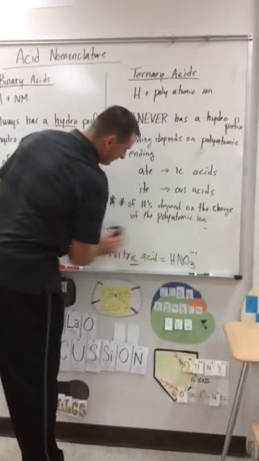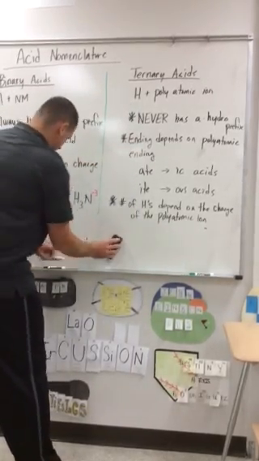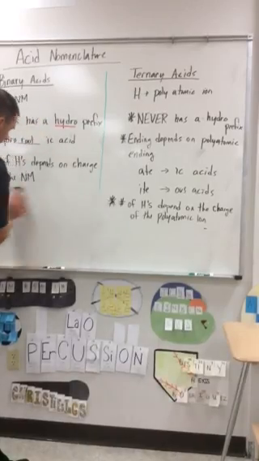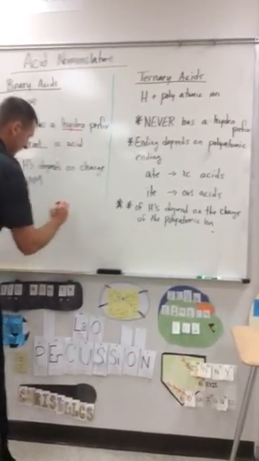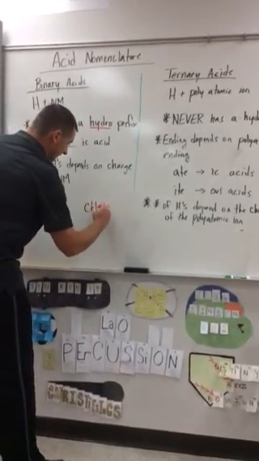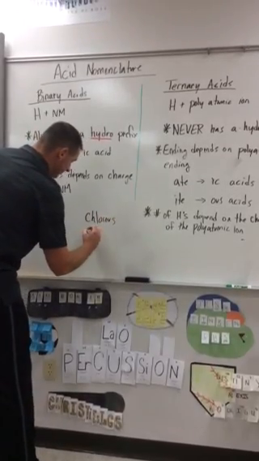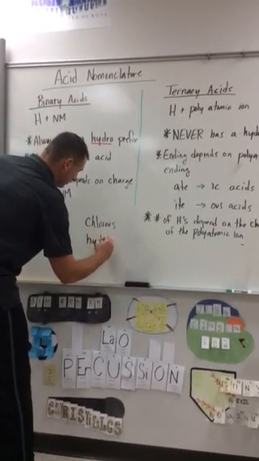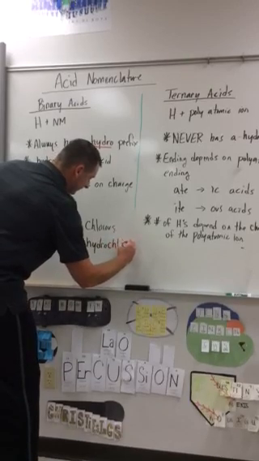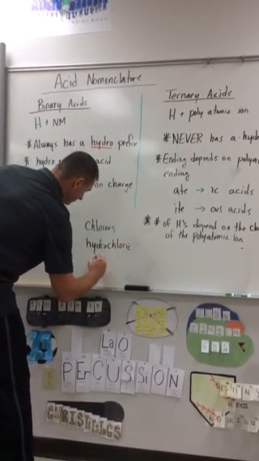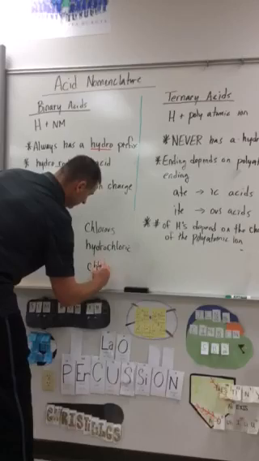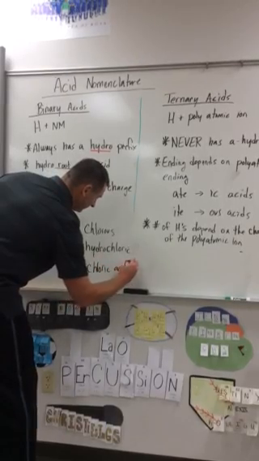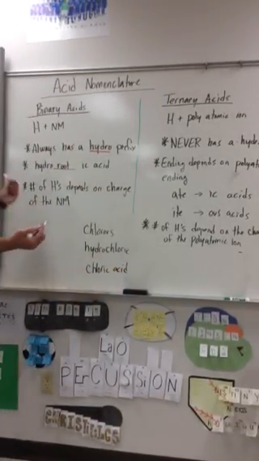Now, what if it gave me 3 different ones? If it gives me chlorous acid, hydrochloric acid, and chloric acid. How do I know what is what?